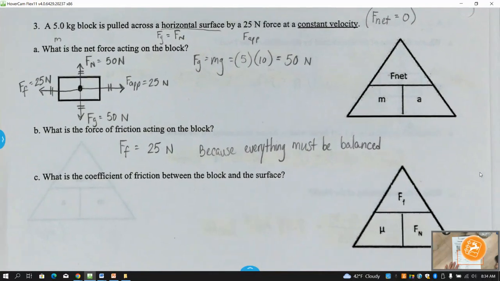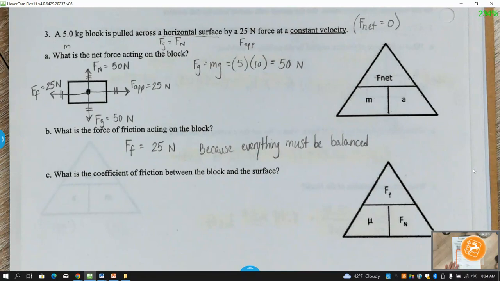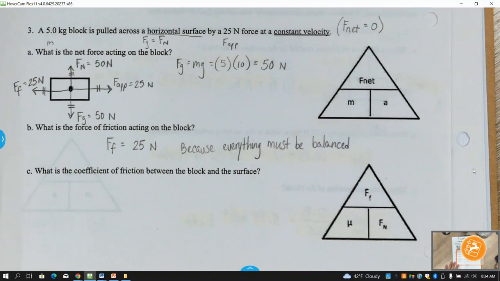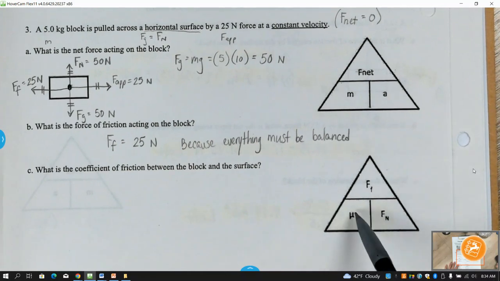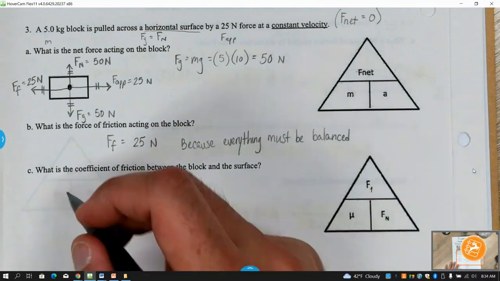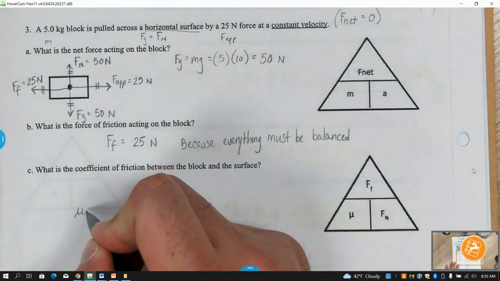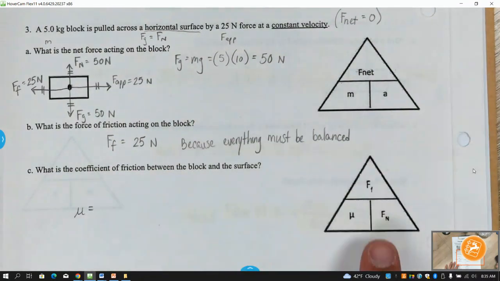And the last thing, it says find the coefficient of friction. What is that, guys? What symbol is that? This guy right here. So I need to find this. This is my coefficient of friction. So what is that?